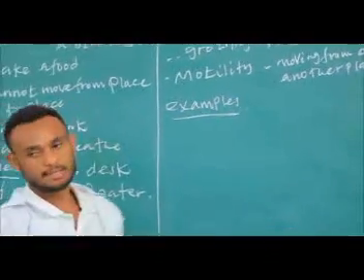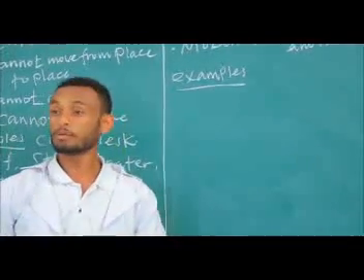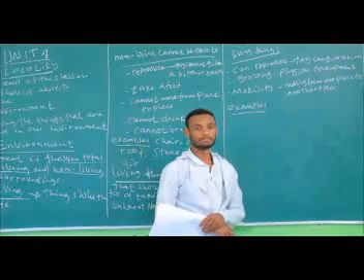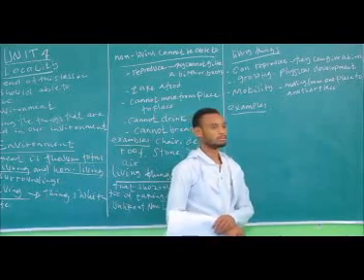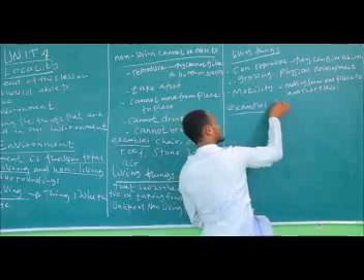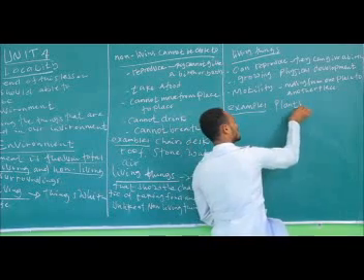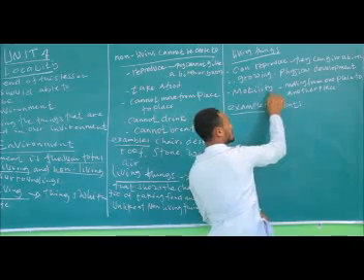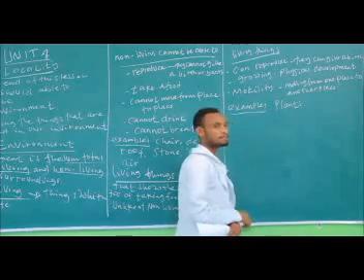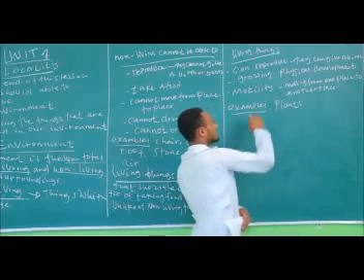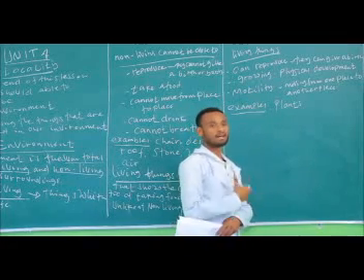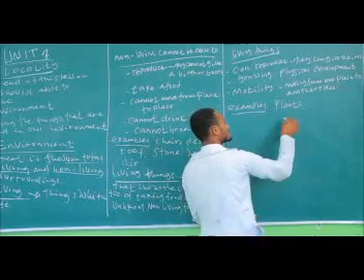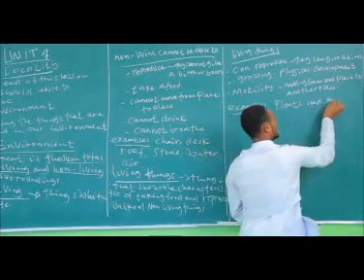Examples. Students, can you give an example of living objects, or of living materials? Good. Example, plants. Even though plants do not move from place to place, they can excrete, they can grow, and they can even reproduce. So this is the character of living things, plants and animals.